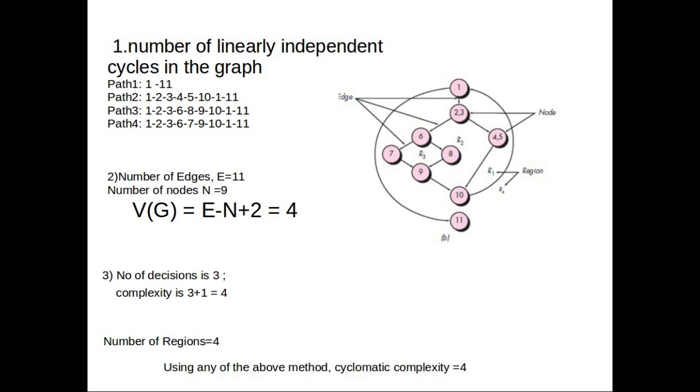Thus, by considering these 4 regions, the cyclomatic complexity of this flow graph is 4. So cyclomatic complexity analysis helps us to understand the logical complexity measure for testing the basis set of execution paths.